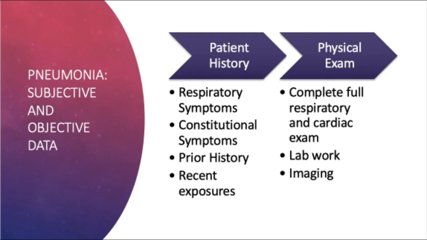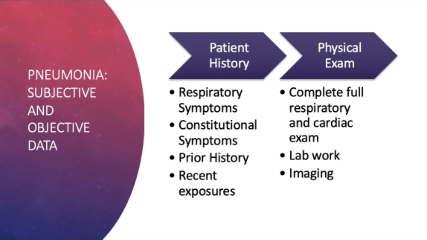So again, when a person comes in with a suspected pneumonia, it's really important to get a good patient history, and then also for you to do a complete respiratory exam, and include other systems if needed. You possibly will throw in some lab work, some imaging, maybe a chest x-ray, but before you even start looking at that objective data, you really need to get a good subjective history.